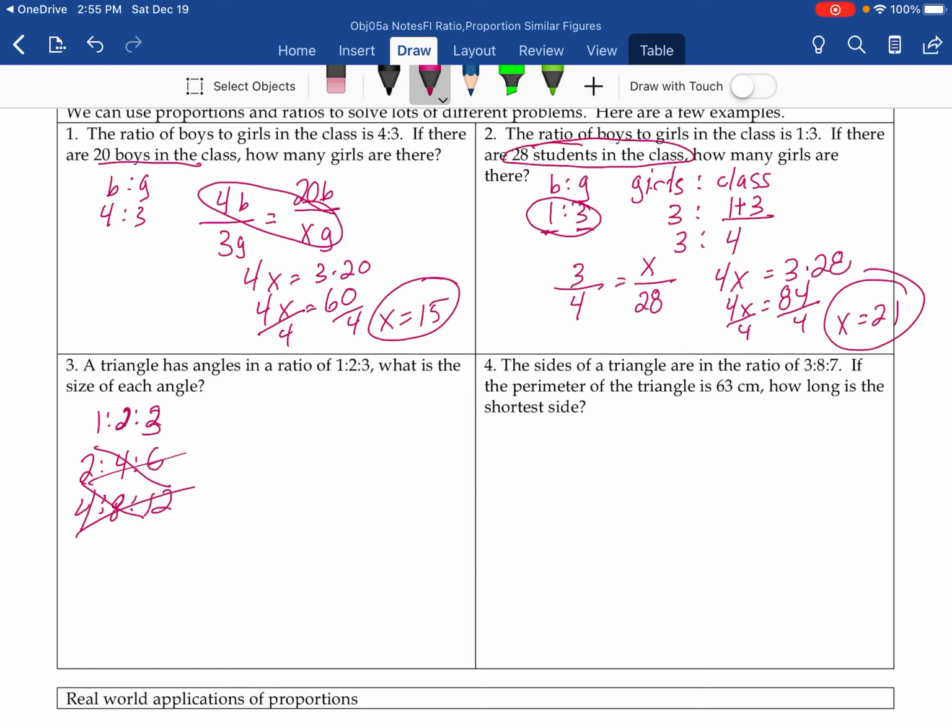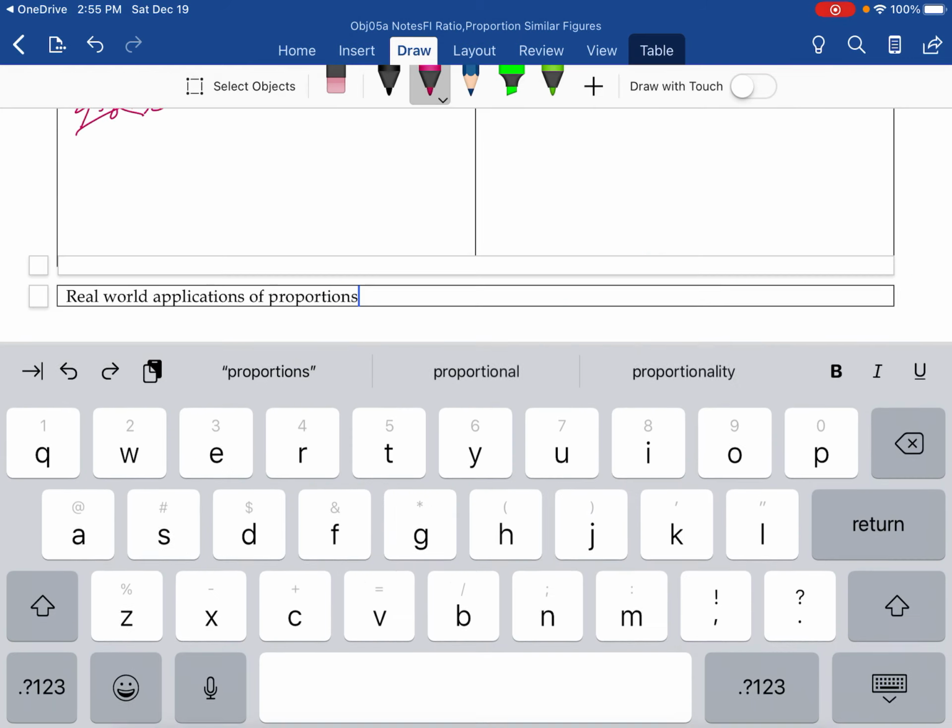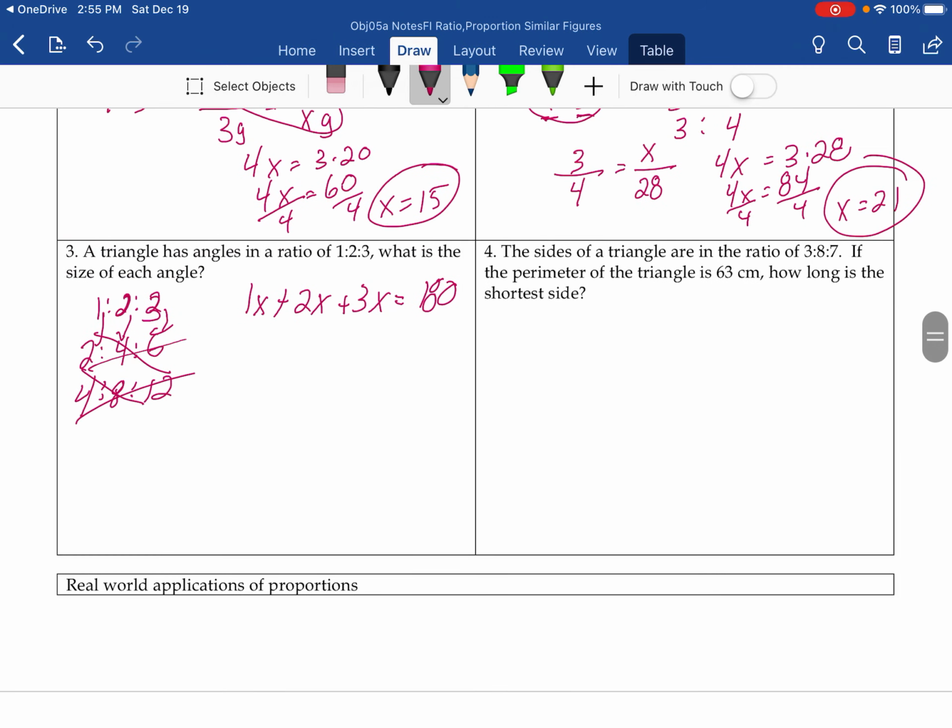So one thing that you can do is, I know 1 times some number plus 2 times some number plus 3 times some number is going to give me 180. What I'm doing is I'm multiplying each part of the ratio by some number to get me to 180. So I just add this up, 1 plus 2 plus 3. Sorry about that.